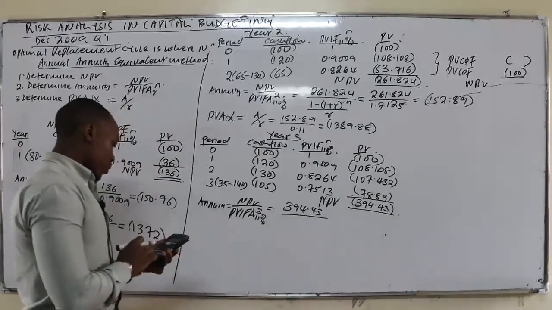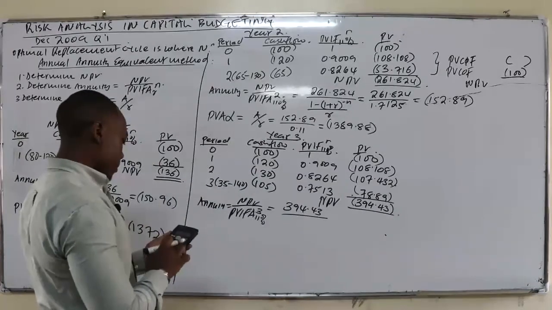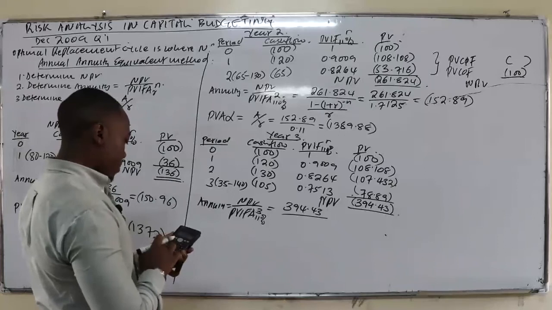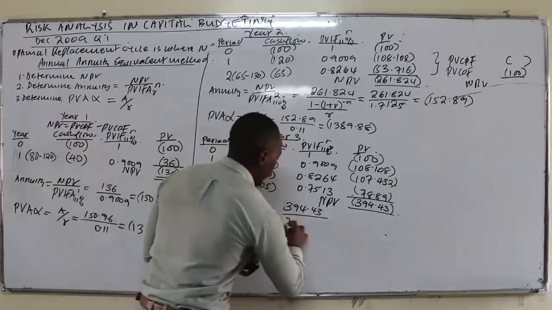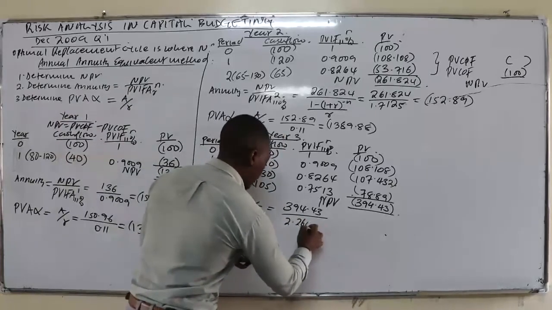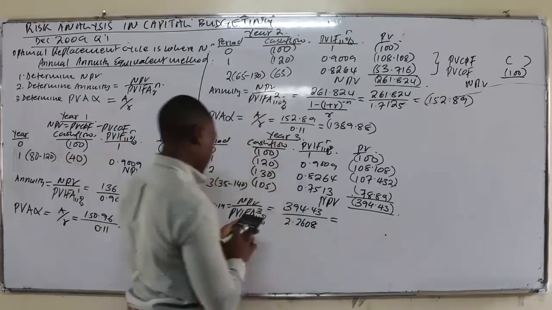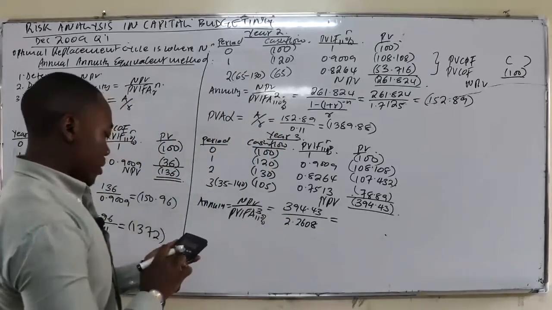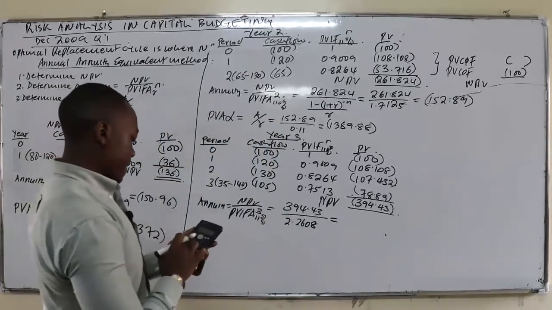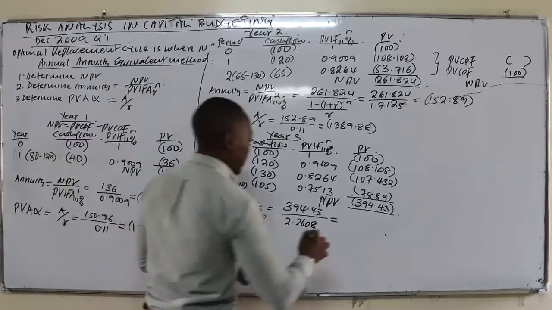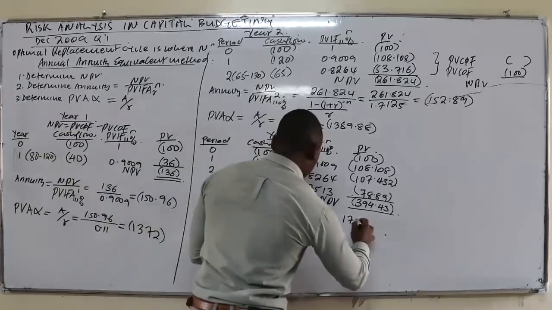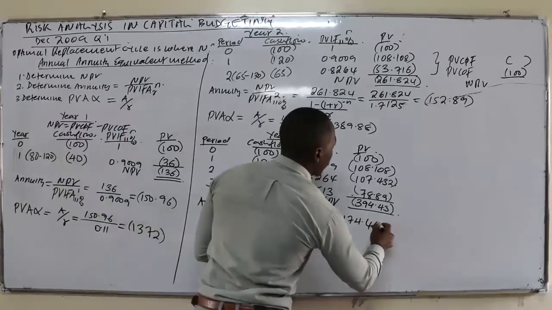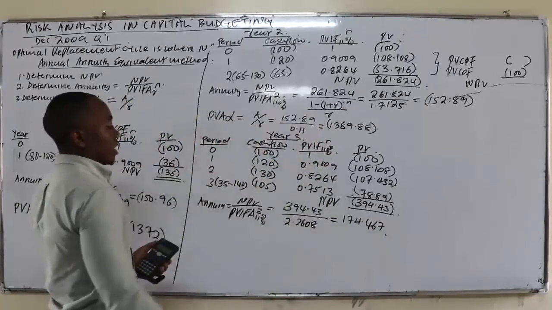So it's 1.1 raised power negative 3. 1 minus answer. Then you divide by 0.11. And here you'll get is 2.2608. So here you are getting 174.467. But it's a negative.